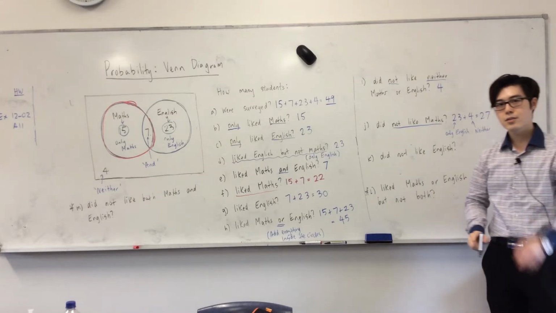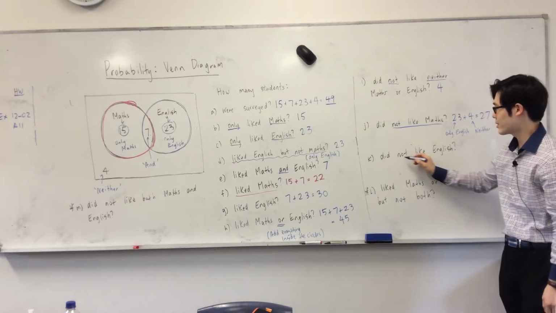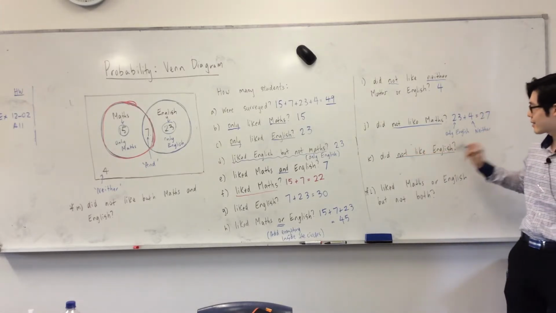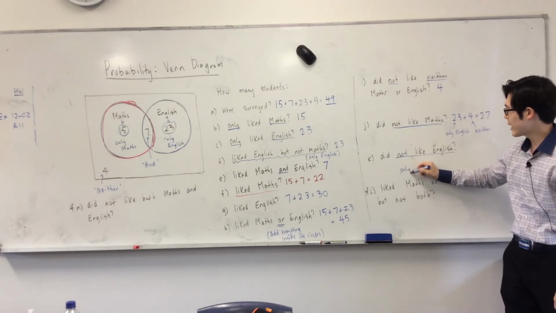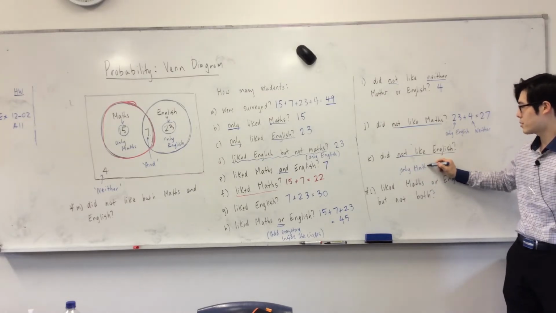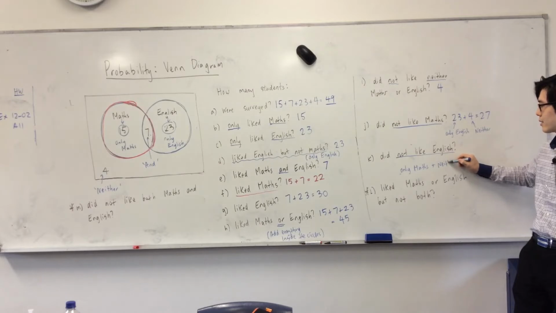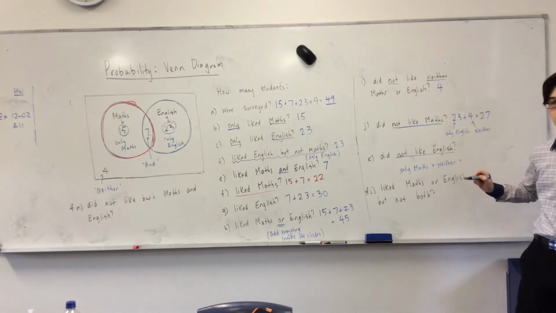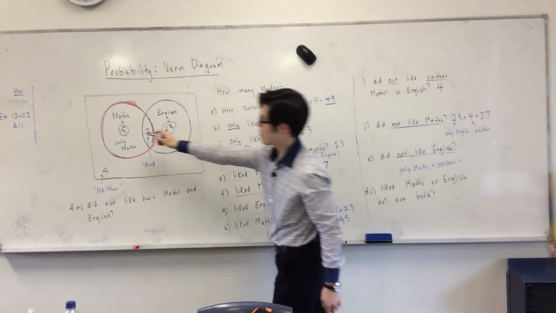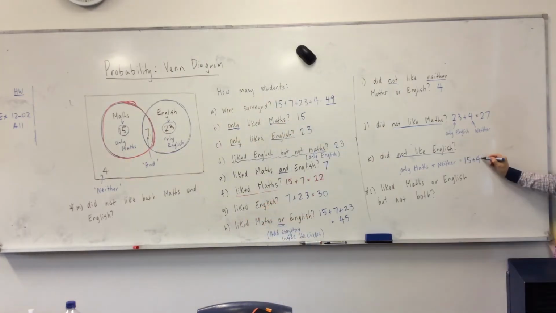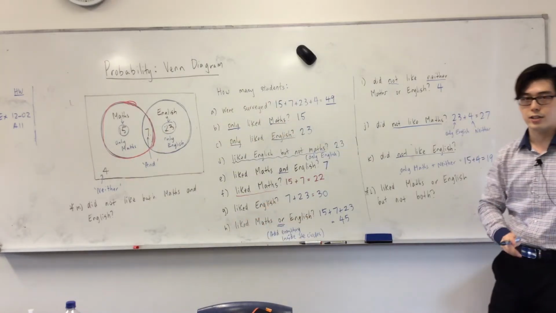Similarly, if I wanted to calculate how many students did not like English, that would be students who only liked maths, because that's the opposite, plus the students that did not like either of them. So only maths, remember, is 15, and we got 4. That's 19 students that did not like English.